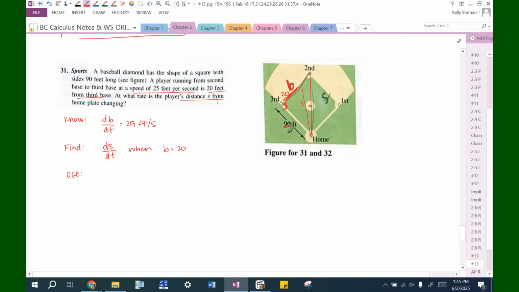And what am I going to use? Pythagorean theorem again. So B squared plus 90 squared, won't simplify that, equals S squared. Take the derivative with respect to t, you get 2B dB/dt plus 0 equals 2S dS/dt. Let's get those 2's out of there and clean it up a bit. This is just like a previous problem then.